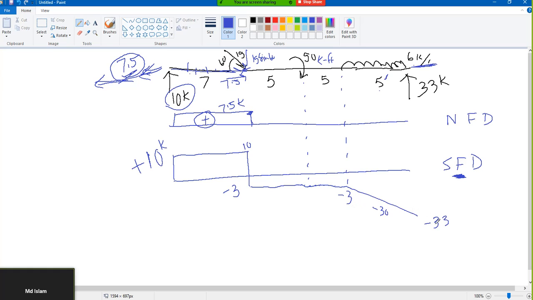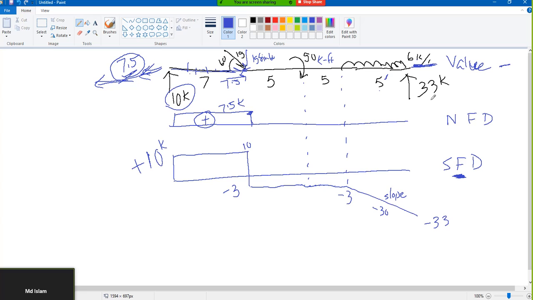Now, is it linear or not? Linear, because this load is uniform. So I will go down uniformly. Whatever the value of the load here, that is the slope. Value here is negative and constant, so slope here is negative and constant. This is the other way you can remember.